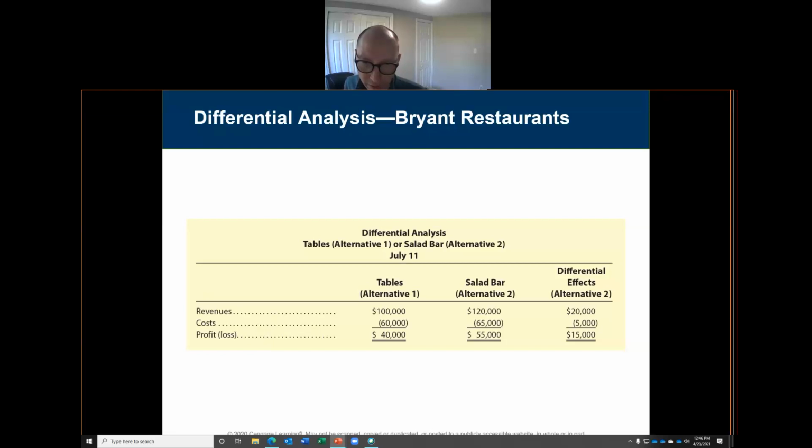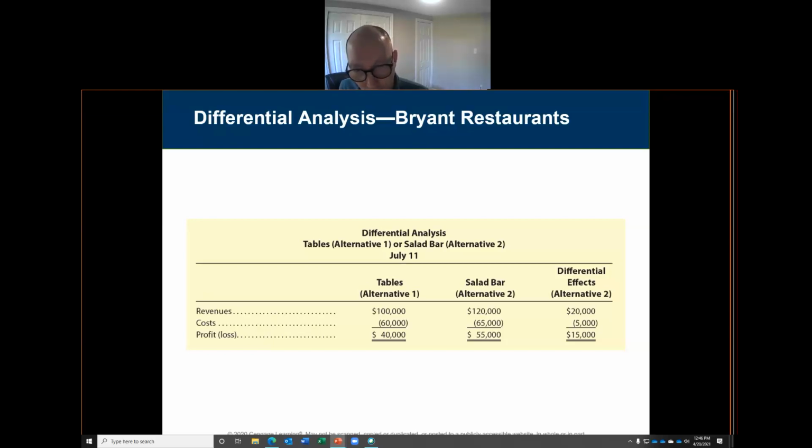My salad bar will give me $120,000 in revenue, $65,000 in costs, giving me a total of $55,000 in profit.